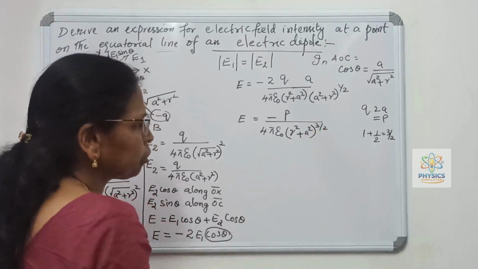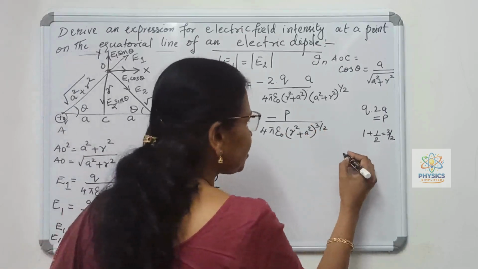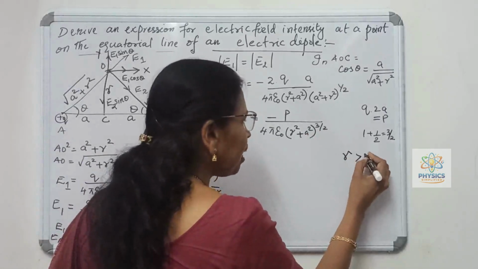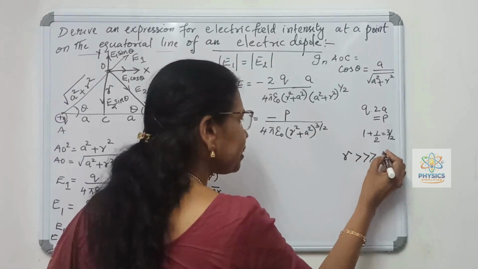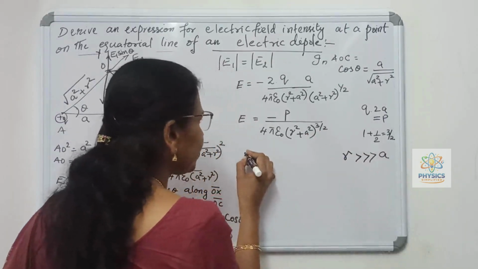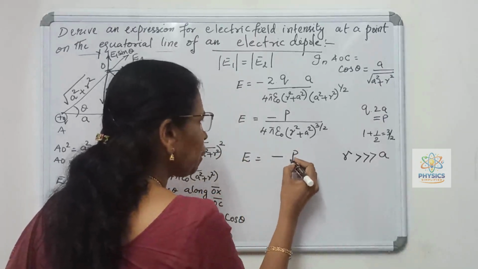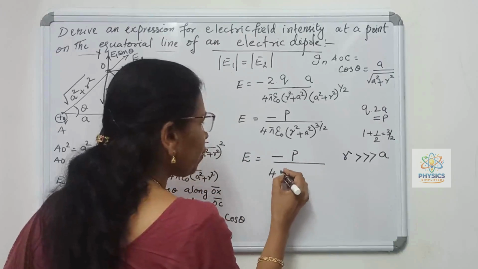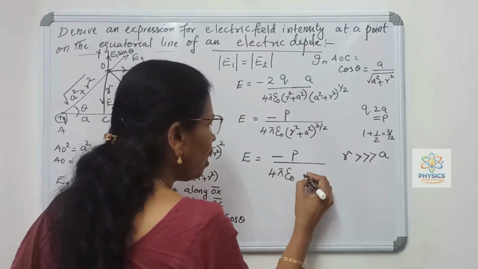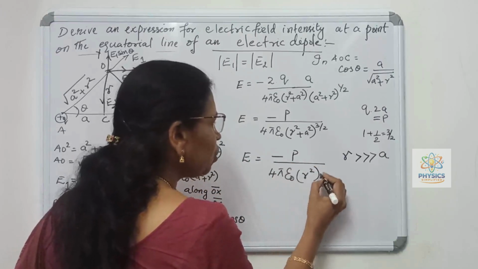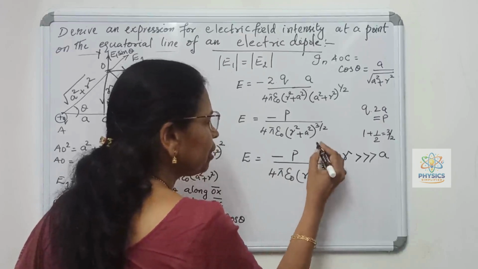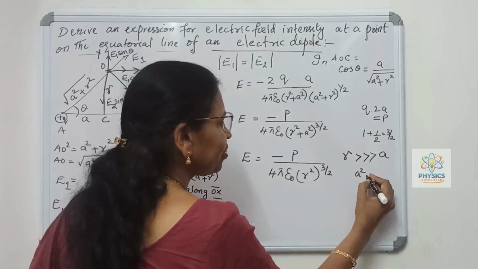And next we have to consider, if the distance R is much greater than A, then we can write E is equal to minus P by 4 pi epsilon 0 into R square the whole raised to 3 by 2. Here we are neglecting the value A square.